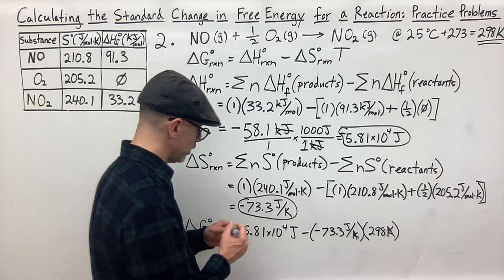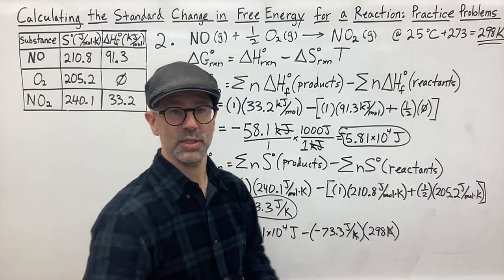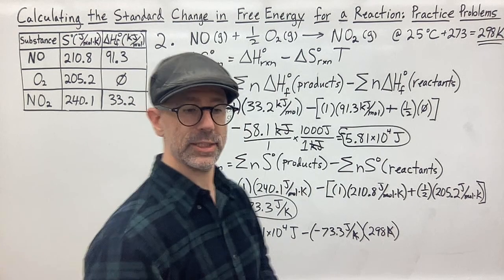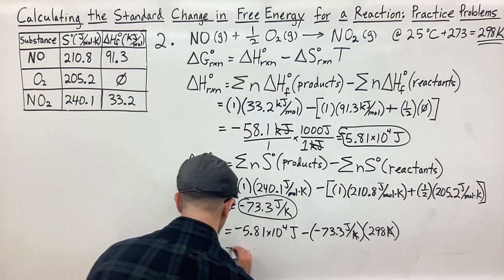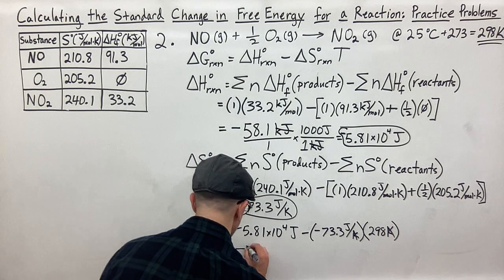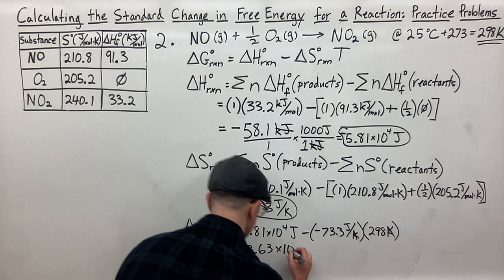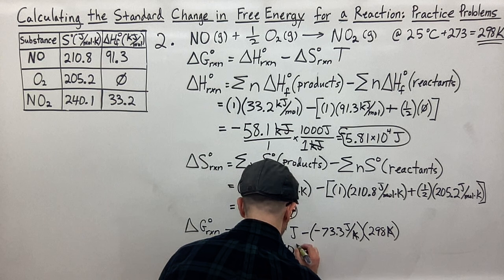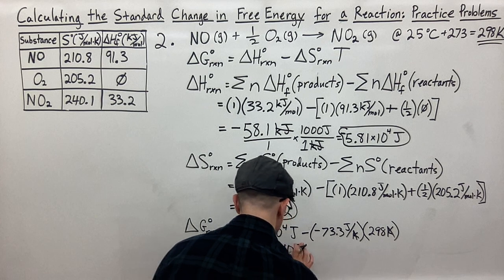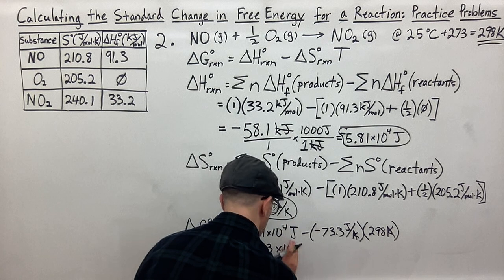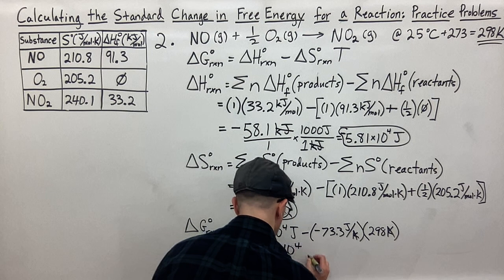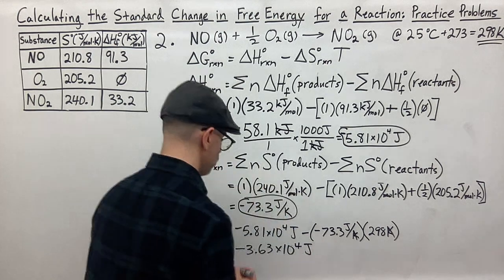So let's see what this gets us. And so we get negative 3.63 times 10 to the fourth power joules.